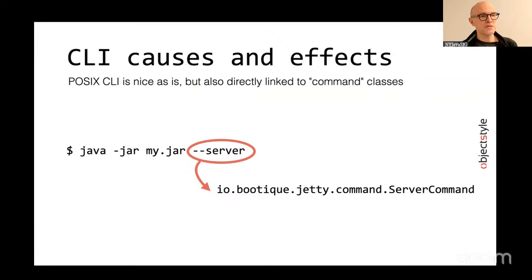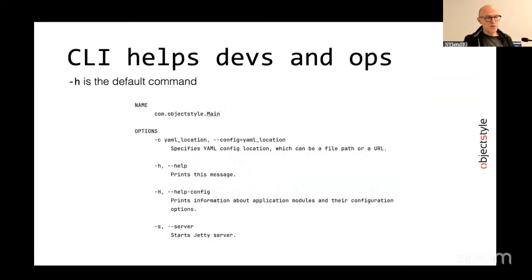When you specify a command like server, it's a cause, and you will have an effect of calling a class. So you don't need to do a dispatch yourself. The dispatch mechanism is in the core of the framework. And of course, there's help for the commands that helps everyone to figure out what the app can do.